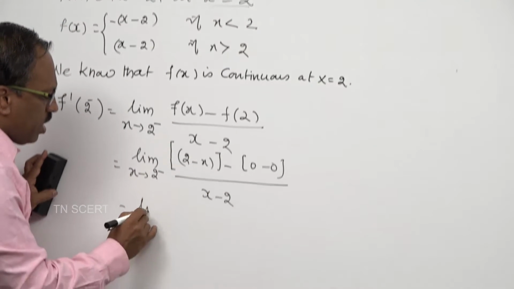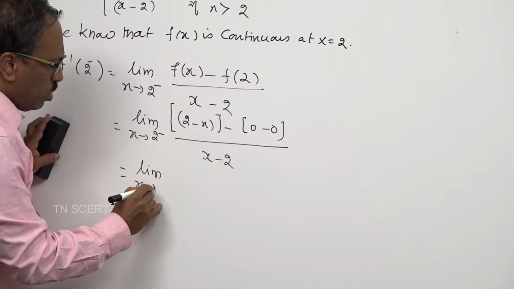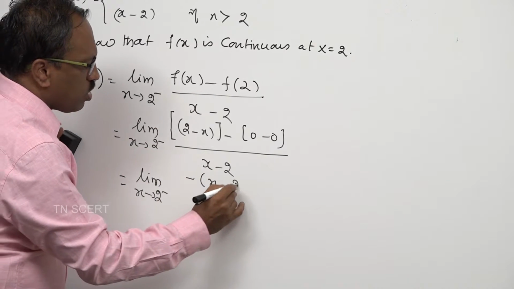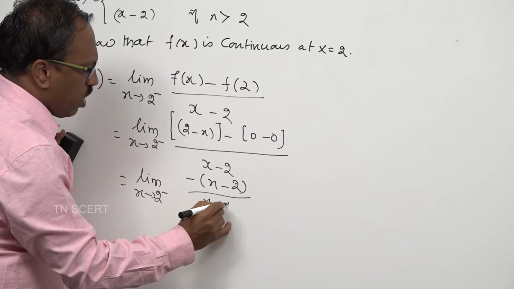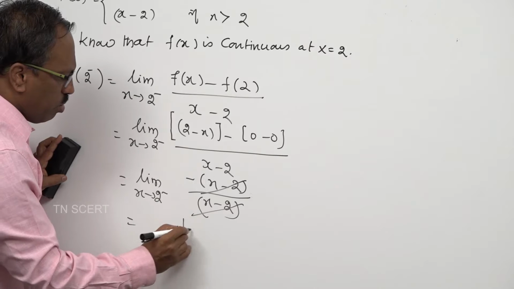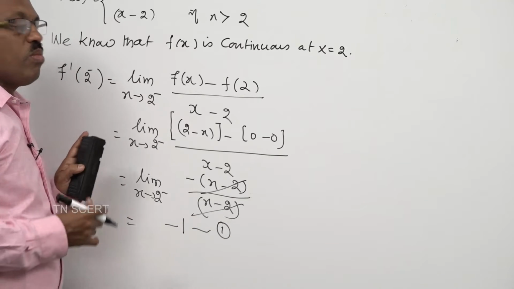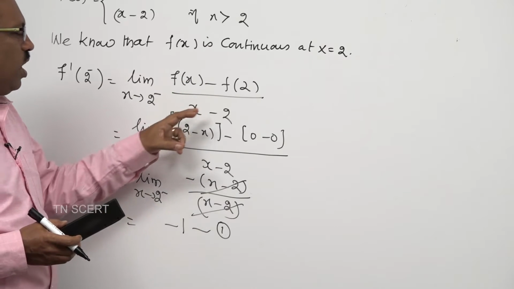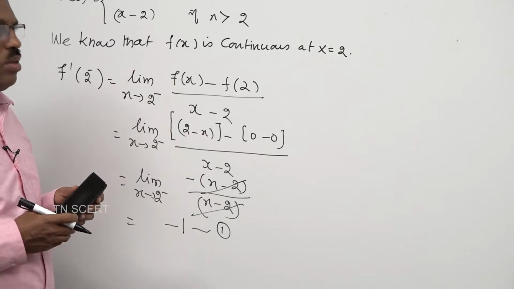That means the limit as x tends to 2 minus of minus of x minus 2 by x minus 2, getting cancelled, is nothing but minus 1. This is for f dash of 2 minus. Here we have just substituted.